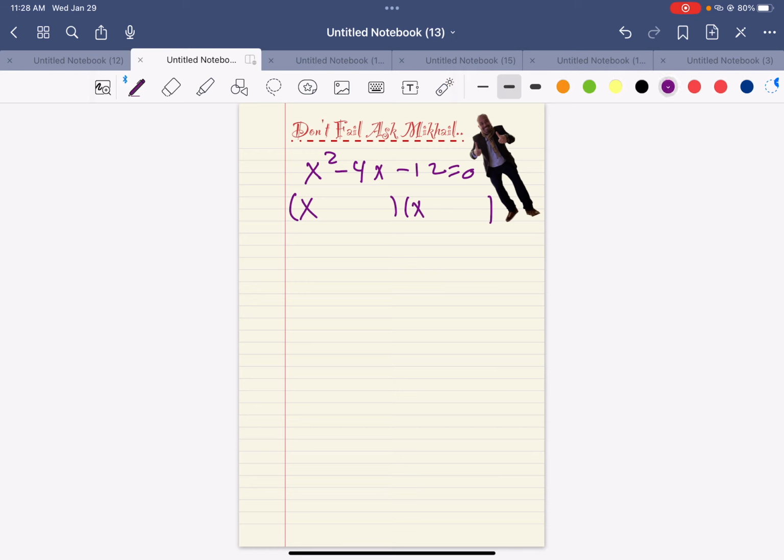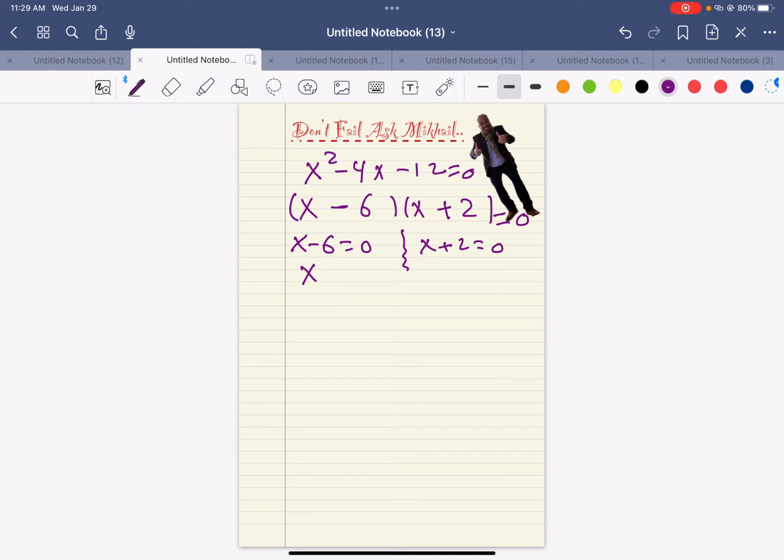Exactly: minus 6 and positive 2, such that minus 6 times 2 is negative 12, and minus 6 plus 2 is negative 4, that equals 0. So I'm going to set each parenthesis equal to 0.